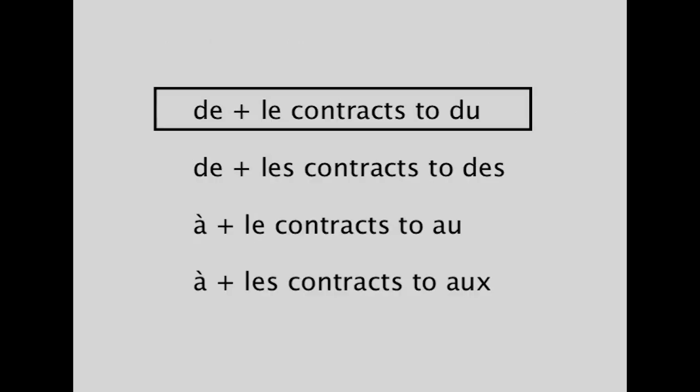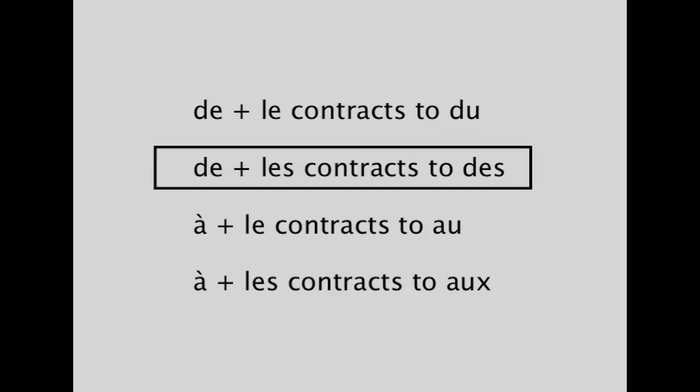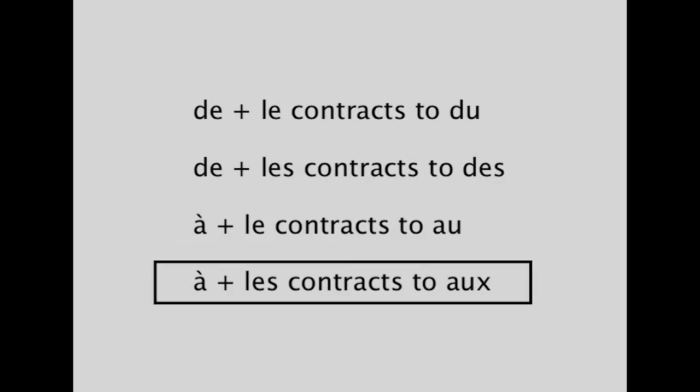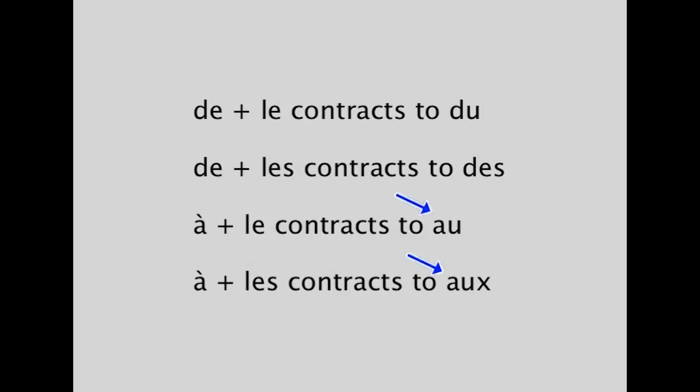De plus le contracts to du, and de plus les contracts to des, and à plus le contracts to au, while à plus les contracts to aux. Both AU and AUX have the same pronunciation, but AU precedes a singular noun while AUX precedes a plural noun.